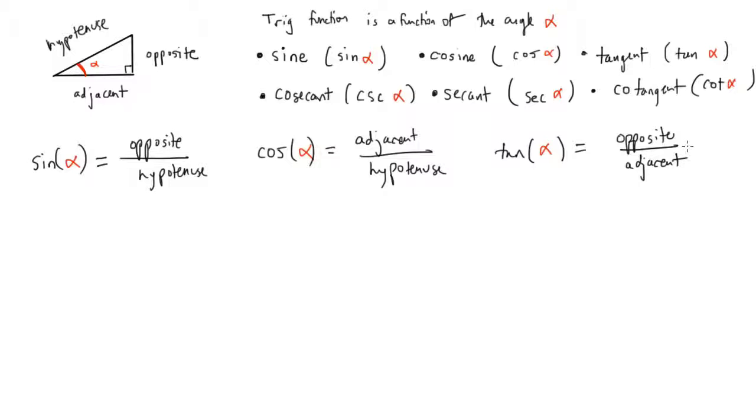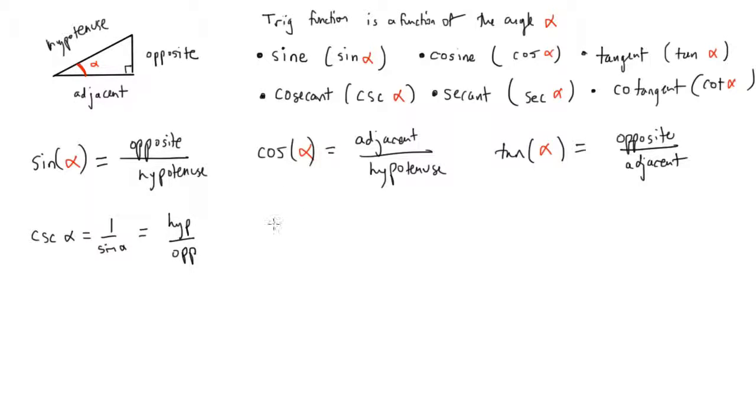Okay, so those are the definitions of those three, and then the thing that's neat about the other ones is that they're actually just reciprocals. So, for example, cosecant is 1 over sine, and because sine is opposite over hypotenuse, the reciprocal of that is the hypotenuse over the opposite.